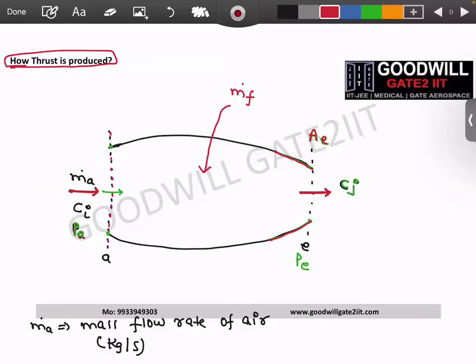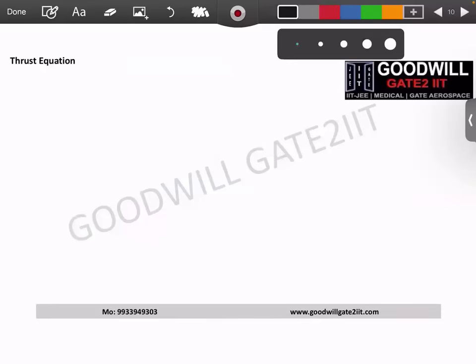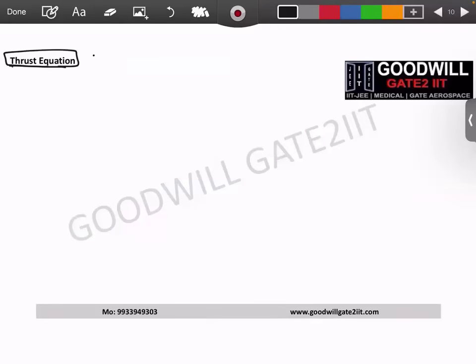So gases are coming out at a velocity of Cj, pressure Pe, the area is Ae, and now we need to develop our thrust equation. And the equation which I am writing now is valid for all gas turbine engine family.